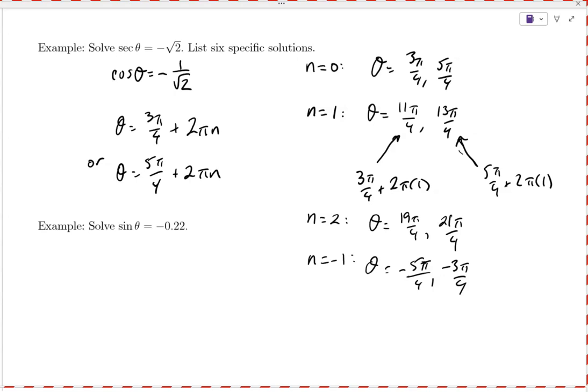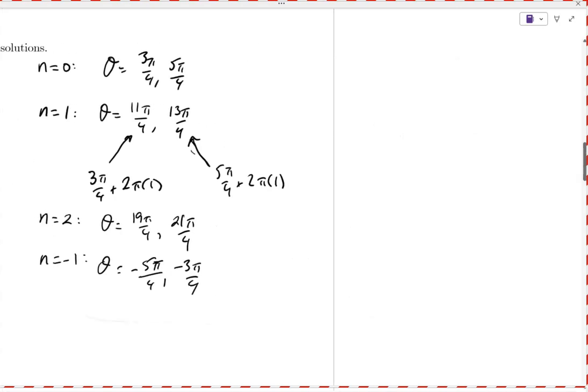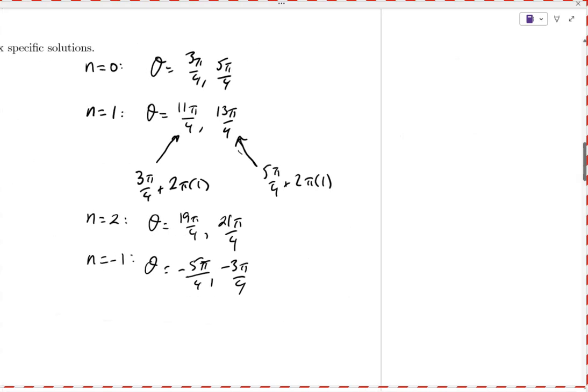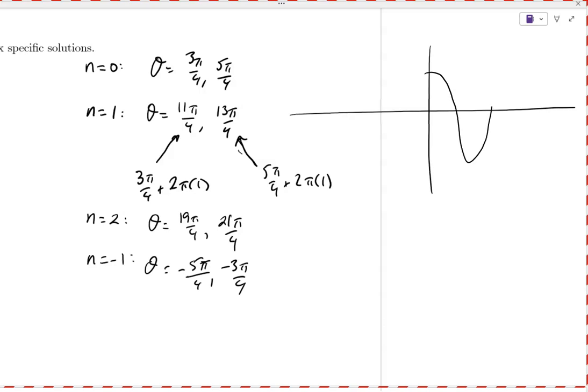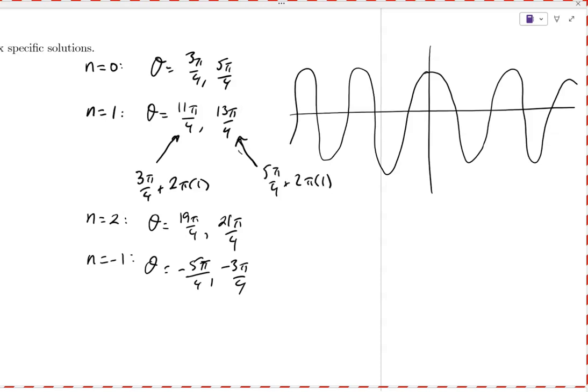If you think about it graphically, you don't have to draw this, I'm just going to draw it real quick. Remember your cosine graph goes like this. Oh, that's a terrible graph. That's all right. Looks something like that.